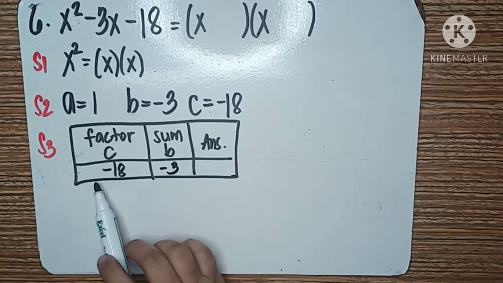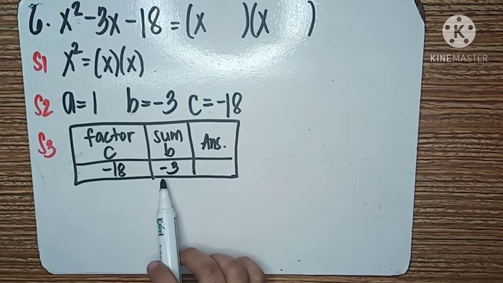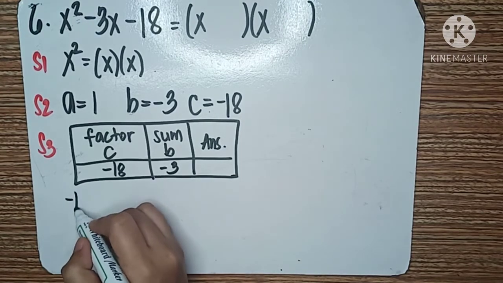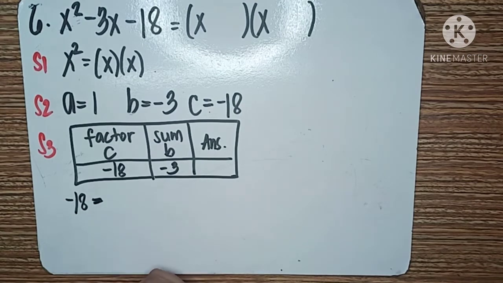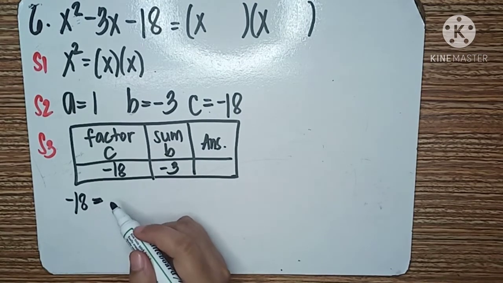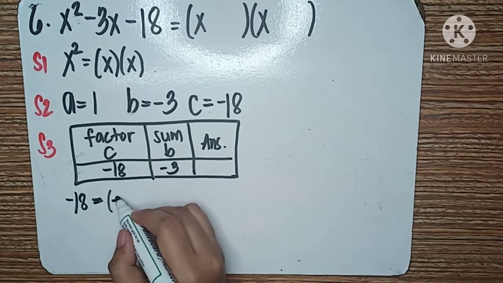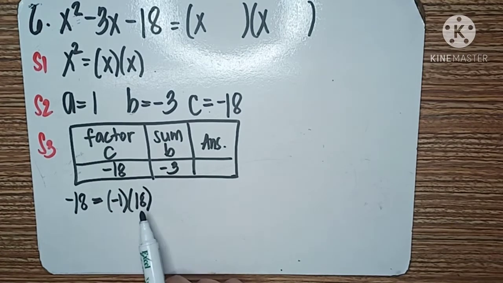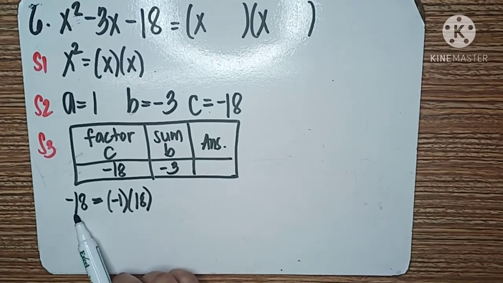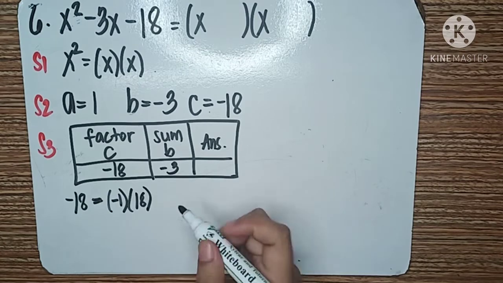So, we'll find factors of negative 18 whose sum is negative 3. We'll write down all the factors of negative 18. And one of the factors is negative 1 and positive 18. Because negative 1 times positive 18 is negative 18. So, we need to obtain a product of negative 18.